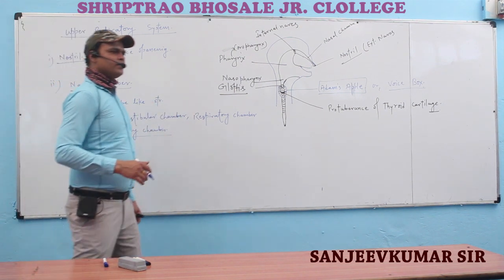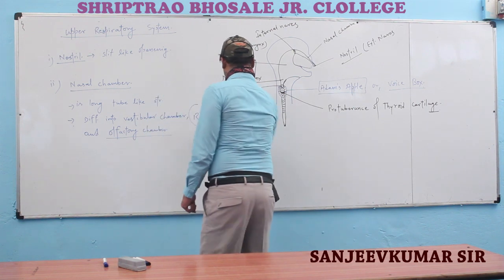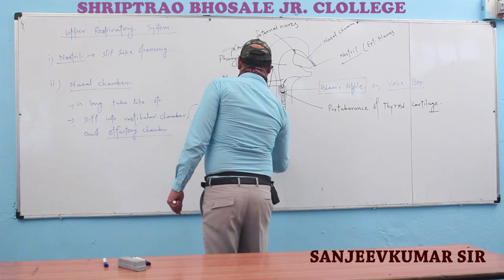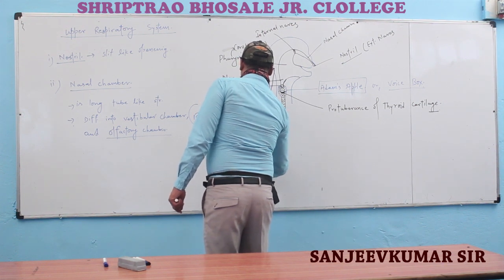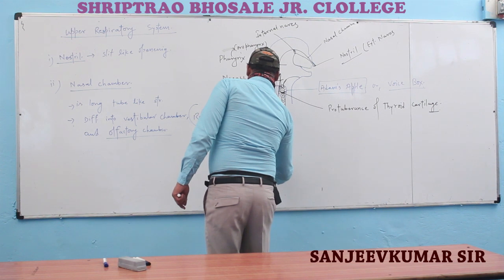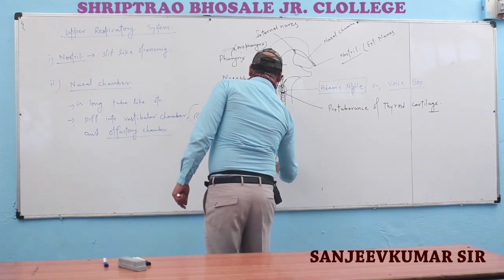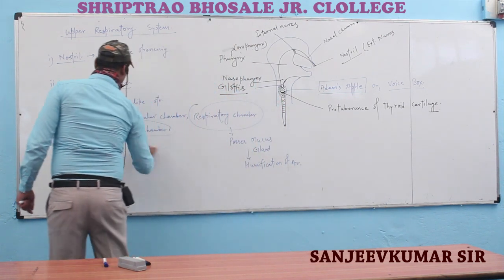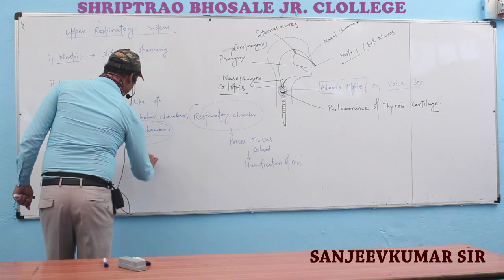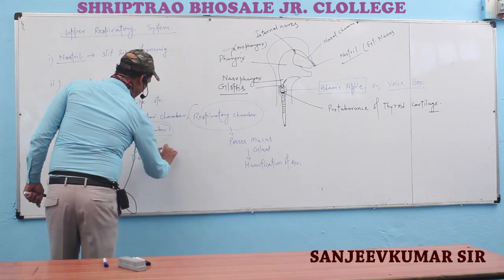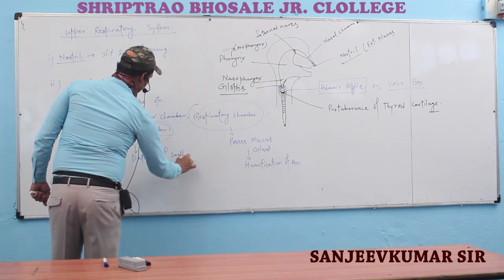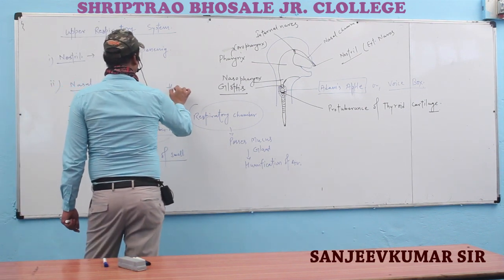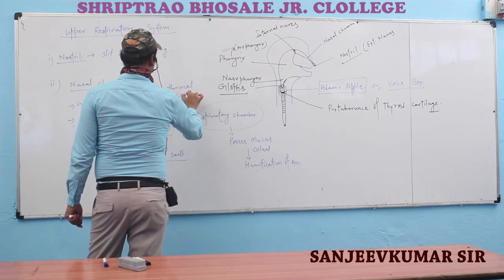The respiratory chamber possesses mucus glands for humidification of air, the olfactory chamber is for the detection of smell, and the vestibular chamber is for thermal conditioning.